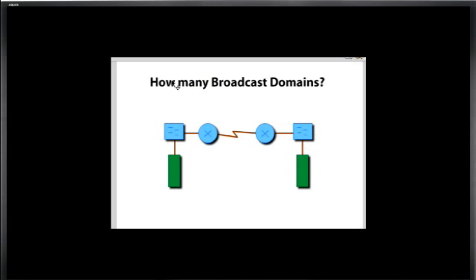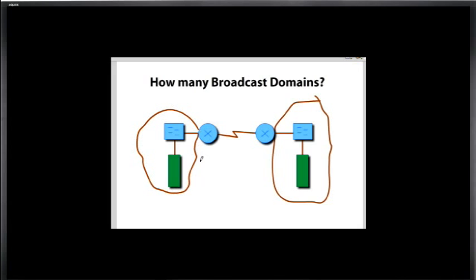In other words, if you have this scenario, this router has two interfaces, Ethernet, serial, and you have a scenario where this is a broadcast domain, that LAN. This interface, this switch, this computer, they're all in the same network. That's a broadcast domain. And you have this scenario over here, and that's a broadcast domain: this router interface, this switch, this server.